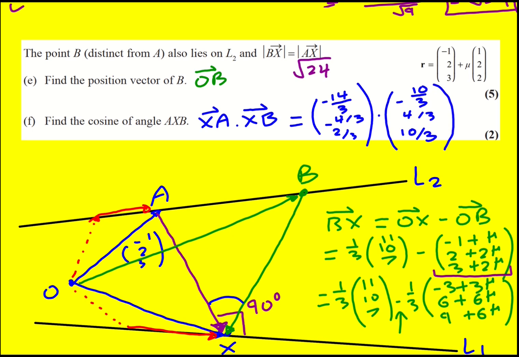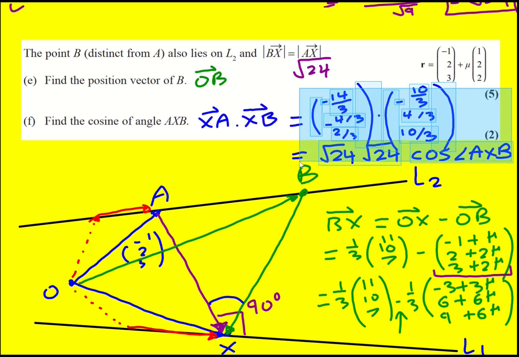And don't forget that this is also equal to the magnitudes, which we know are both root 24, times by cos of this angle. So we just need to work out the dot product parts by timesing across, and better just make a bit more space for that.